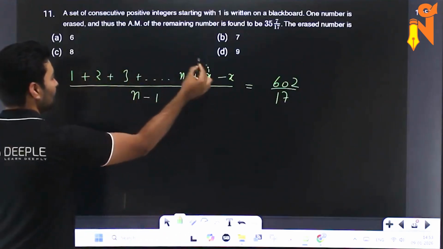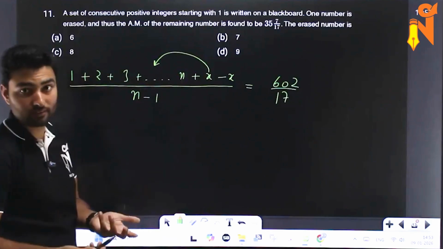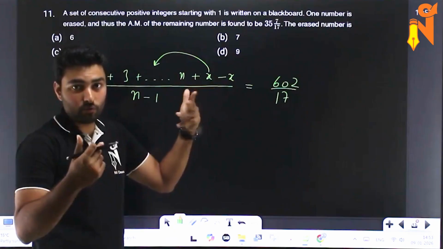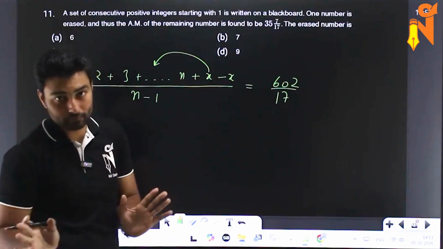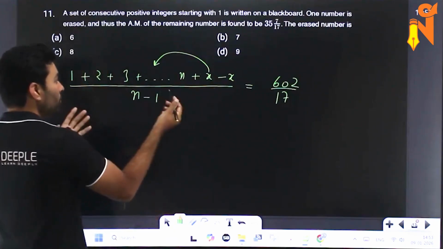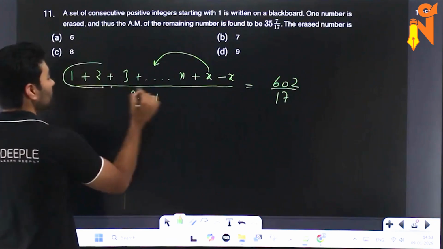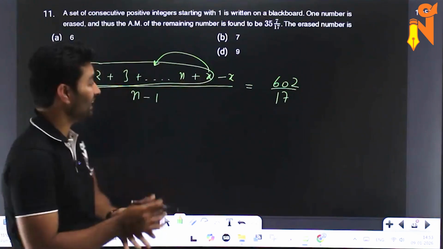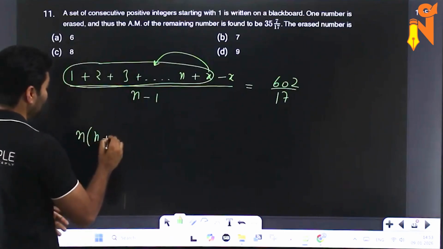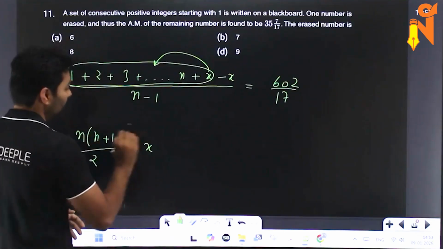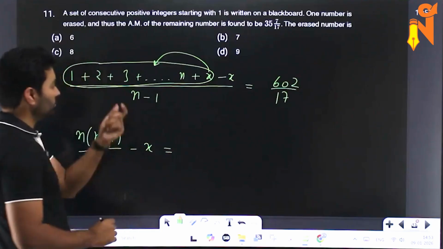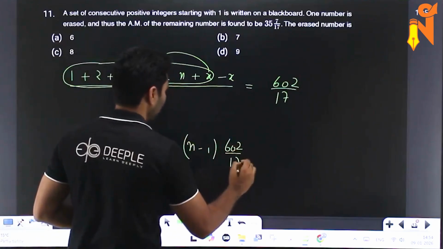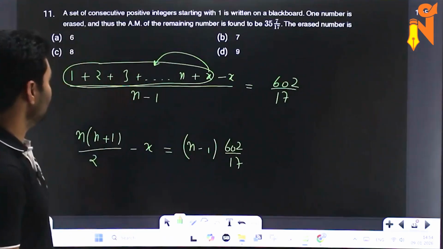If you include x here, I don't know its value, obviously. The summation of all natural numbers is n into n plus 1 by 2, minus x, is equal to n minus 1 into 602 by 17. Now find x.